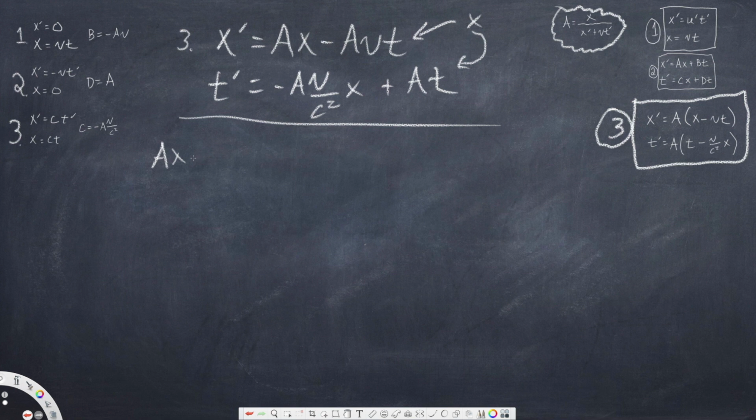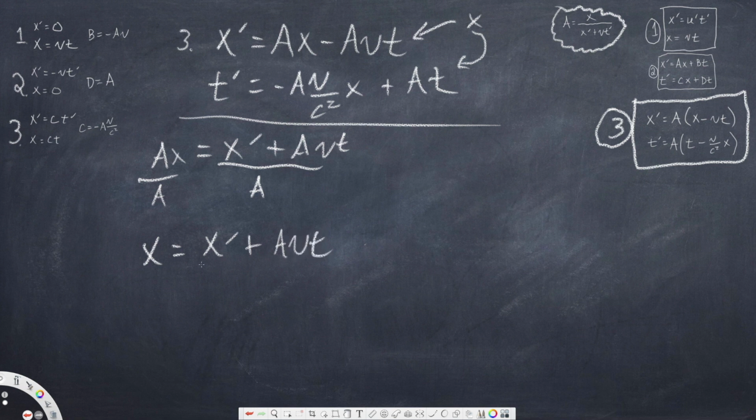a x on one side equals x prime plus a v t. Divide both sides by a, and we get x equals x prime plus a v t all over a.